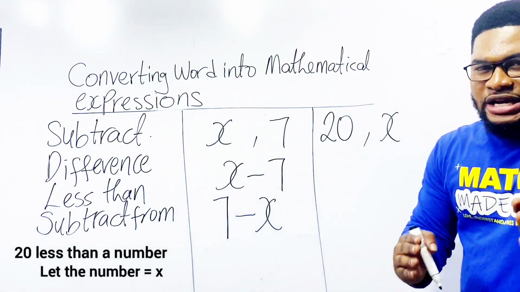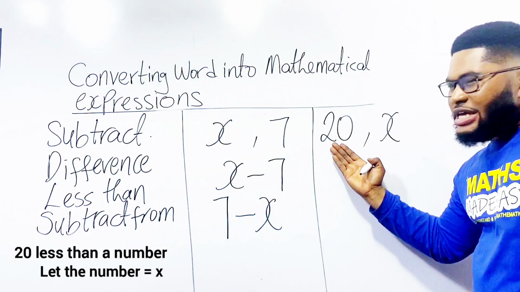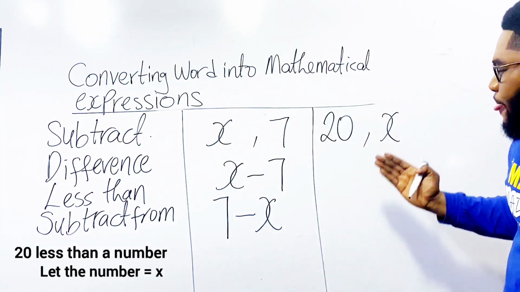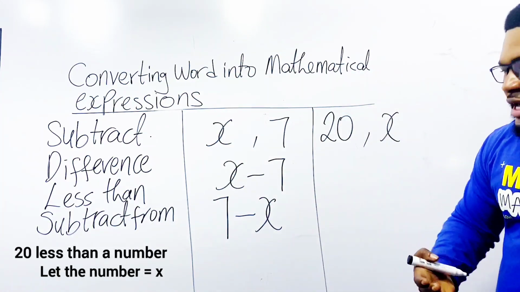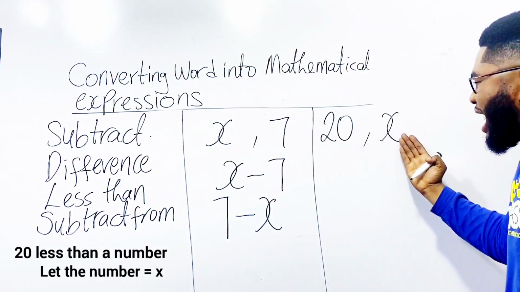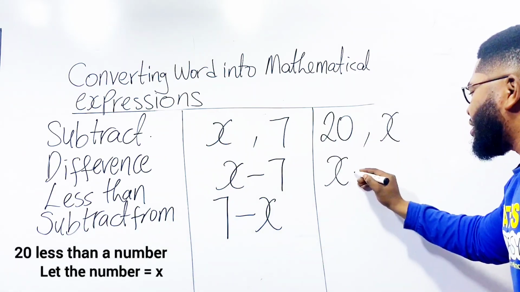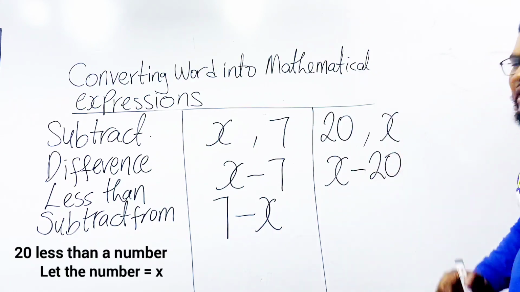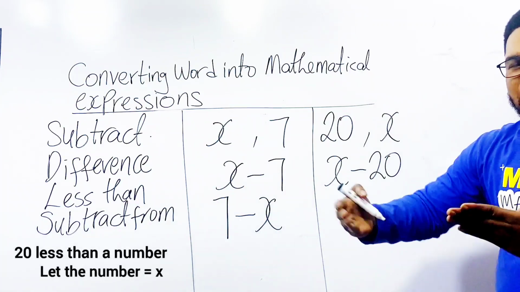Now please understand it well. 20 less than the number means that 20 is actually less than x, which also means that x is greater than 20. So in subtracting, using less than as our subtraction sign, the values have to interchange. It will become x minus 20. The big number x minus the smaller number 20. So this will be the expression for 20 less than a number.